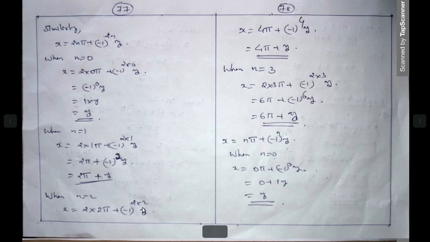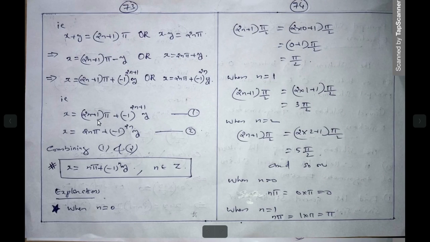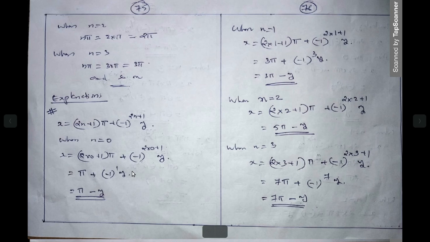When n is equal to 2, we got 4 pi plus y, and so on. That is, for these two equations we got several values for x by choosing n is equal to 0, 1, 2, 3, etc. That is integers. Then we are also finding the values for this x when n is equal to 0, 1, 2, 3, etc.